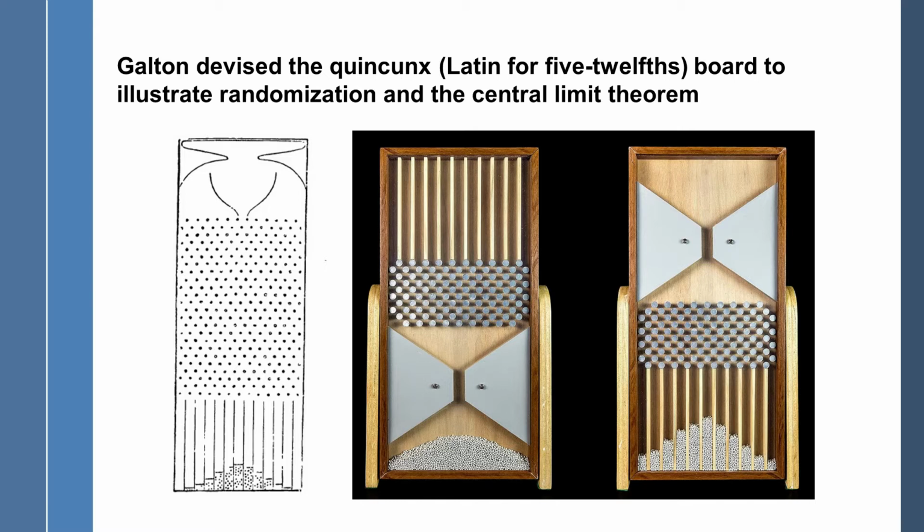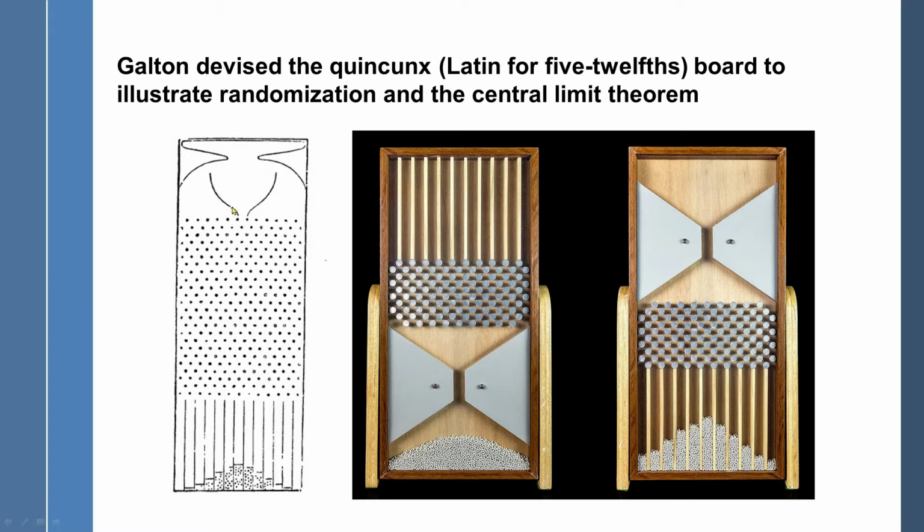Galton devised the Quincunx board, or Galton board, really as a demonstration device where he can show that the properties of the central limit theorem apply to shotgun shot if you put it into this device and let it fall down to the bottom. This is Galton's actual drawing of it, and I got this from Stigler's article on the previous page.